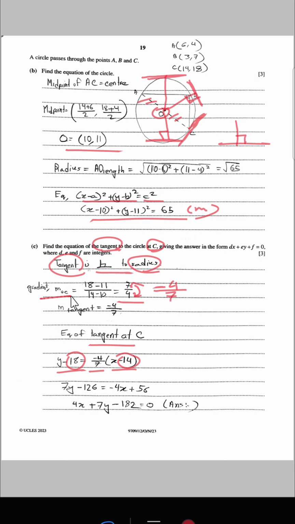So first we need to find the gradient of radius OC, then take the opposite reciprocal of this value to find the gradient of the tangent, and as it passes through C, the equation would be y minus y1 is equal to m in bracket x minus x1. So your final answer is given in terms of dx plus ey plus f is equal to 0, in the form of this expression.